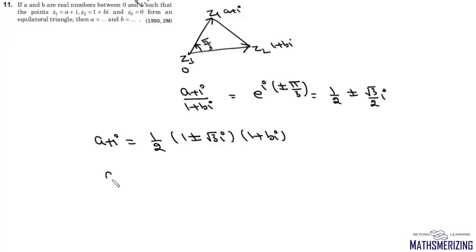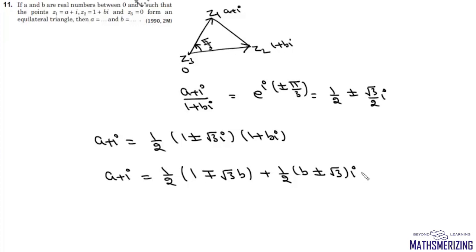Now we multiply this right hand side, we can write a + i equals 1 by 2, and here will be (1 minus plus root 3 b) and then plus 1 by 2 (b plus minus root 3) i. Now we compare its imaginary part, we can write 1 equals 1 by 2 (b plus minus root 3), that is the value of b is 2 plus or minus root 3.